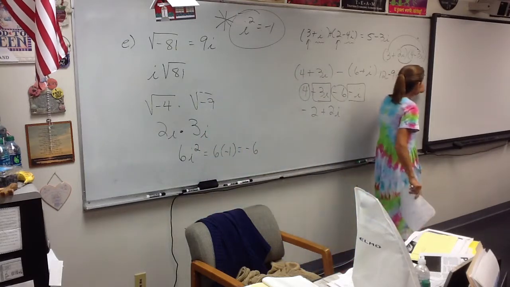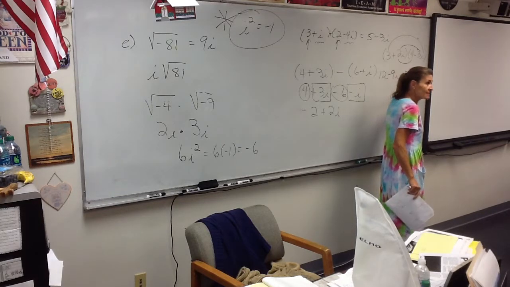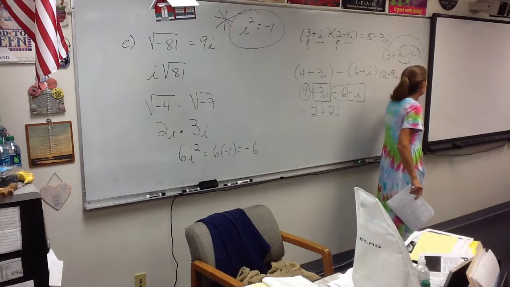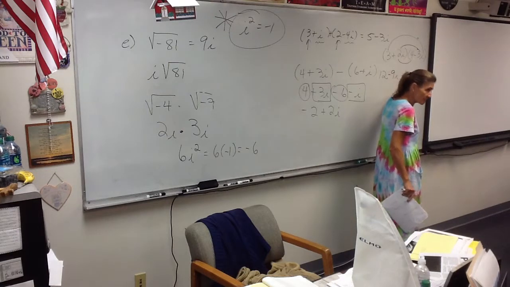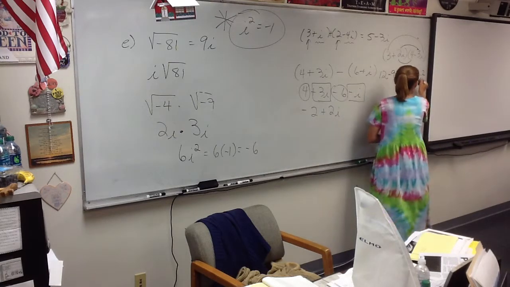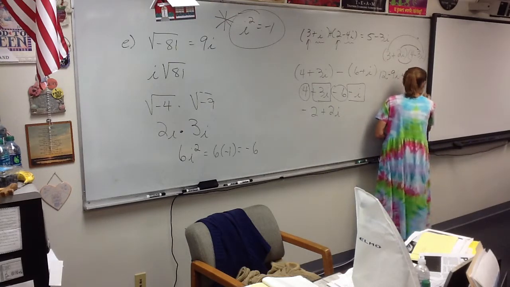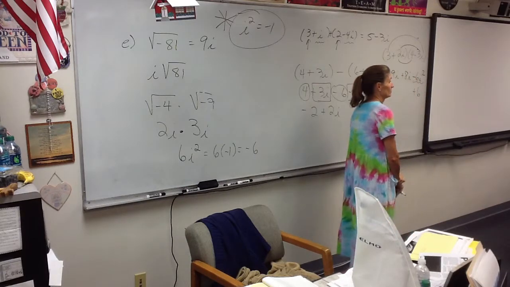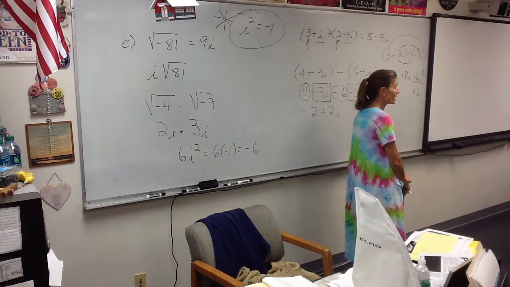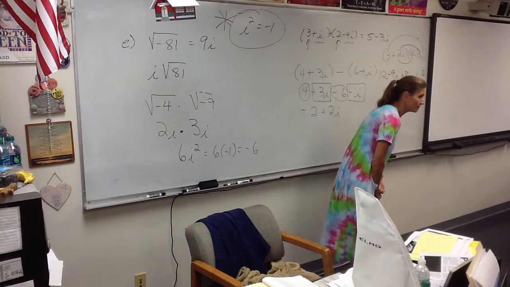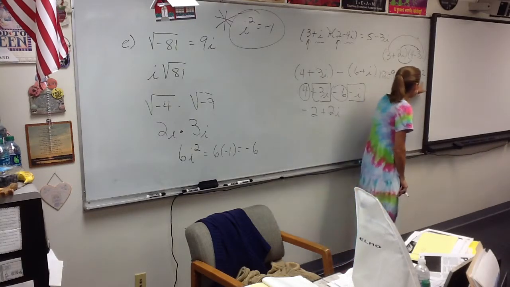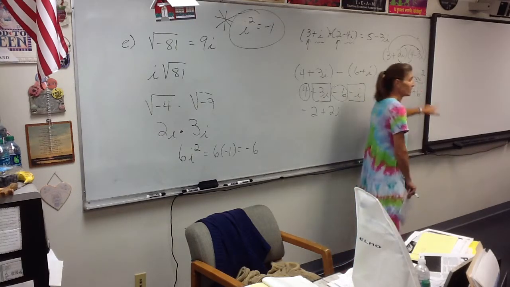So when I see this i squared over here, I'm thinking that's negative 1. But it's times a negative 6. So that's going to become plus 6. i squared is negative 1. Negative 1 times negative 6 is plus 6.